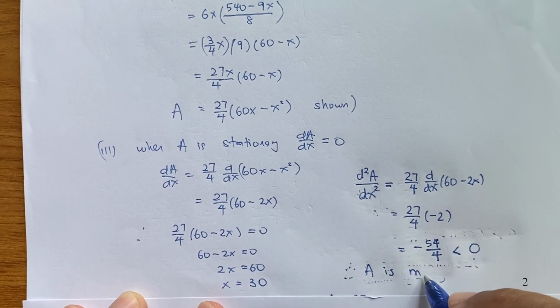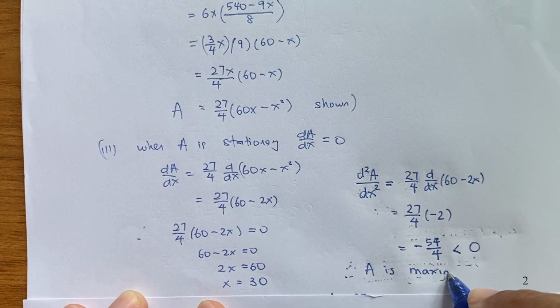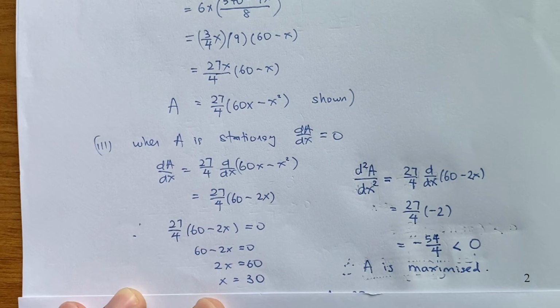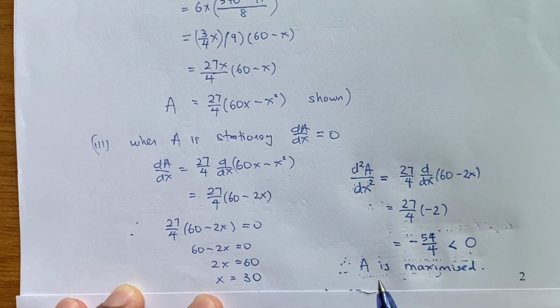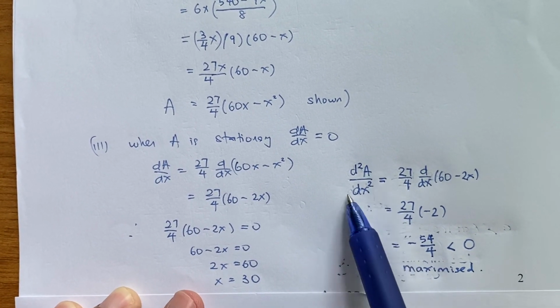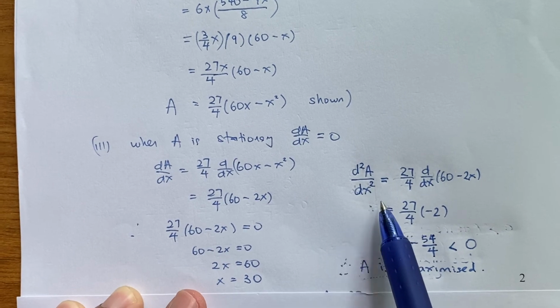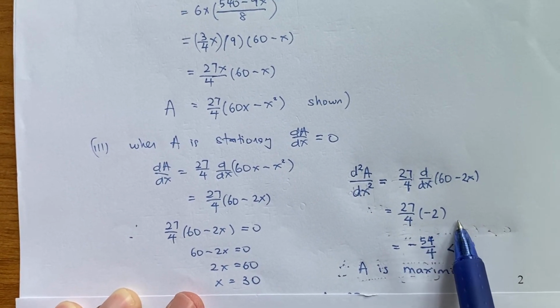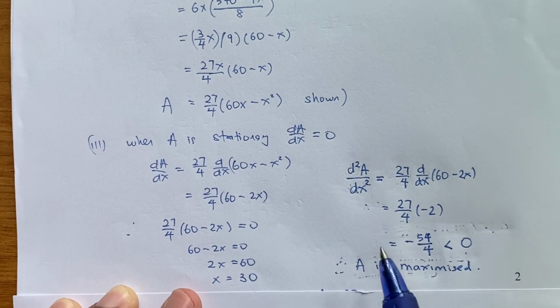Now, before I carry on further to find this maximum value, can I just explain one very important concept? When you find d2A/dx squared, remember the earlier example was in terms of x. Now, this one is not in terms of x, it's independent of x.